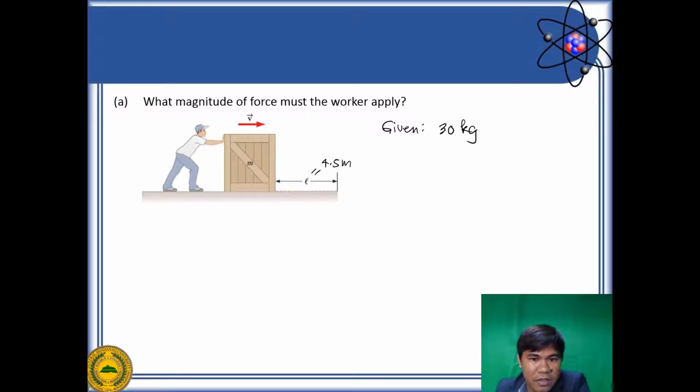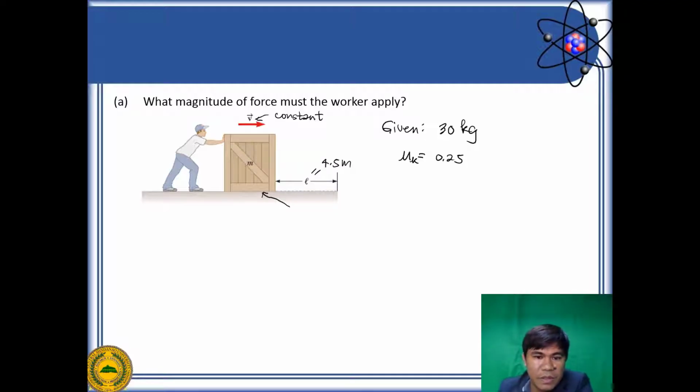And take note, the speed here is constant. We also have the coefficient of friction, mu k, between the ground and the bottom part of the box, and mu k is equal to 0.25.